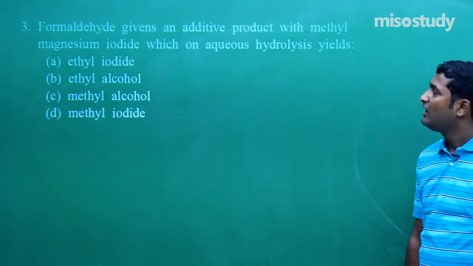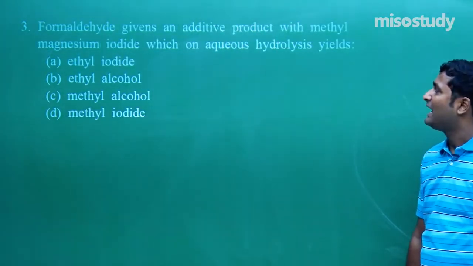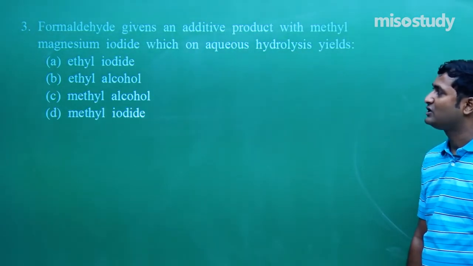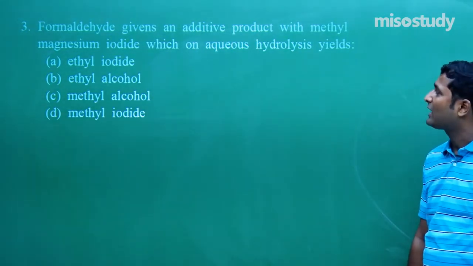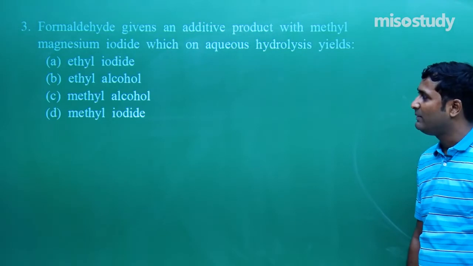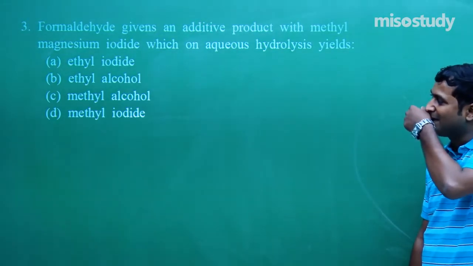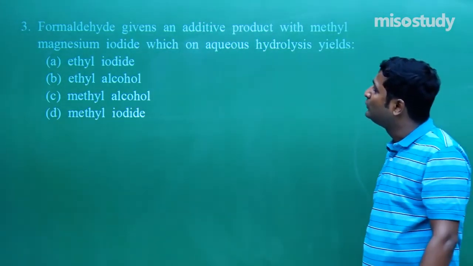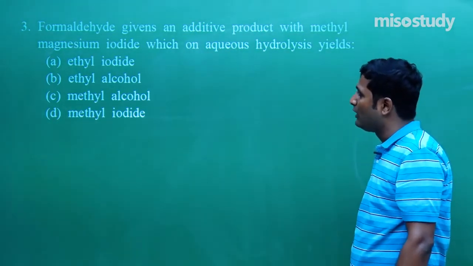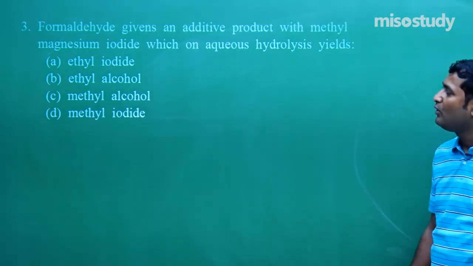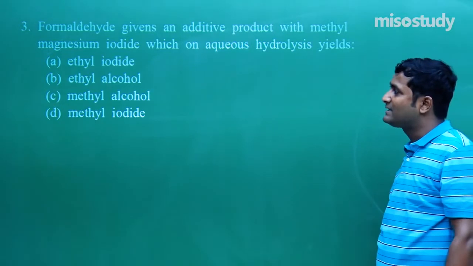For question number 3, formaldehyde gives an additive product with methyl magnesium iodide, which on aqueous hydrolysis gives ethyl alcohol. So B is the correct option.